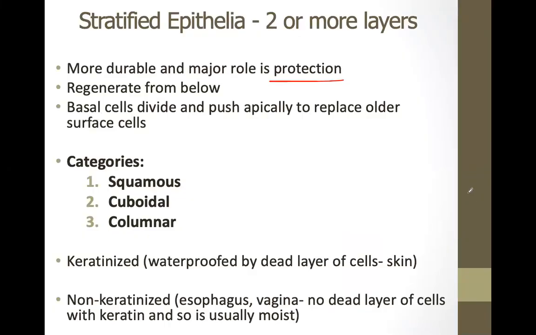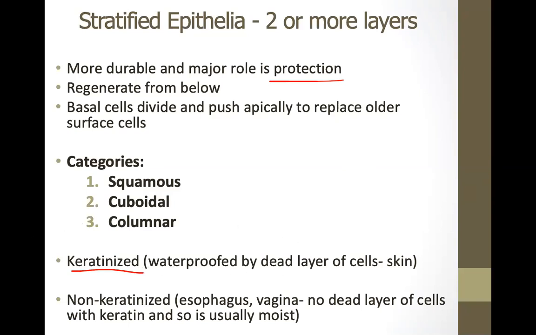Okay, we also have two types of squamous cells, or stratified squamous cells. They're called keratinized versus non-keratinized. Again, you'll see this word when we talk about the integumentary system later on. But basically, their job is to waterproof.